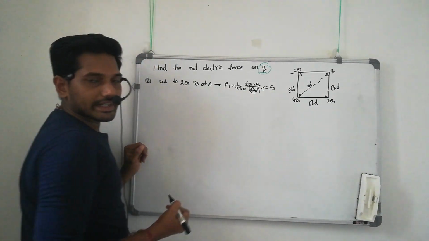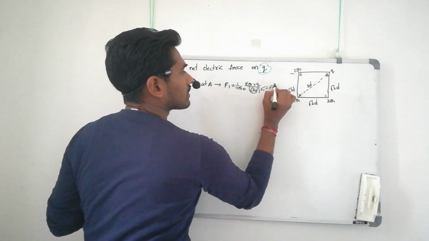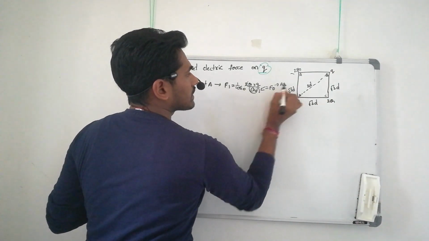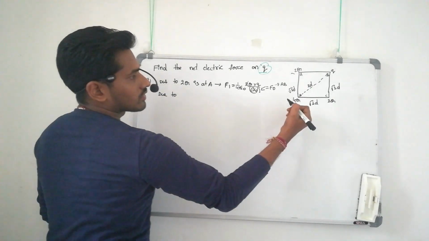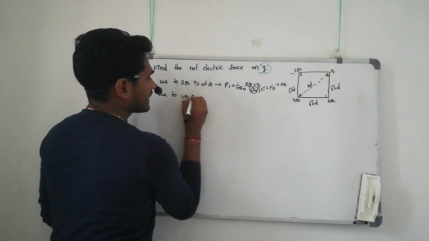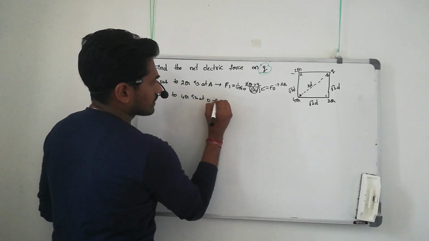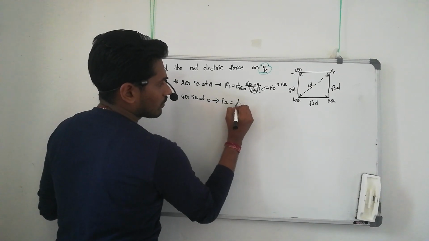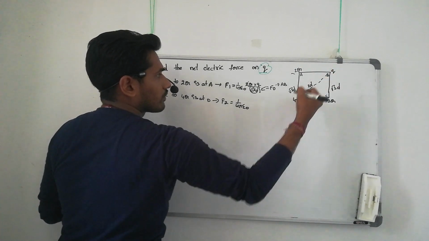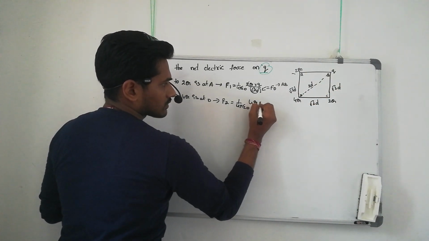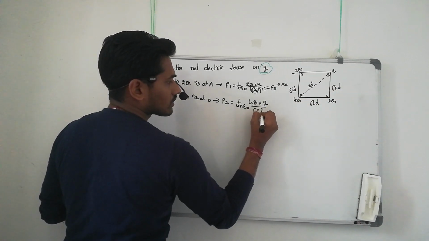Towards the AB direction. Then next, due to the charge 4Q at point P, consider F2, which is 1 by 4 pi epsilon naught into 4Q into Q divided by, what is the distance here? 4Q to Q, 2D whole square.